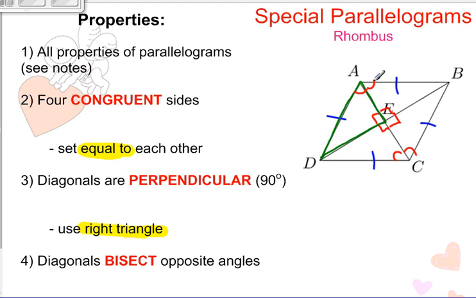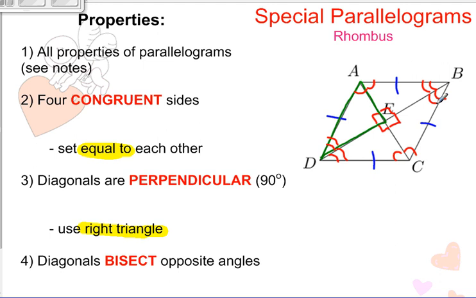Those angles will be equal, as well as the small angles of the other. That will hold true there. As far as the diagonal lengths, they are just like the parallelogram. They bisect each other, but they are not equal like they are in the rectangle.